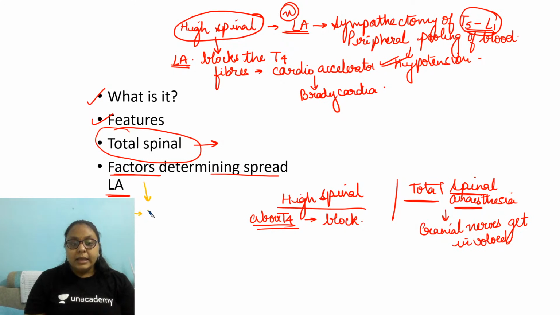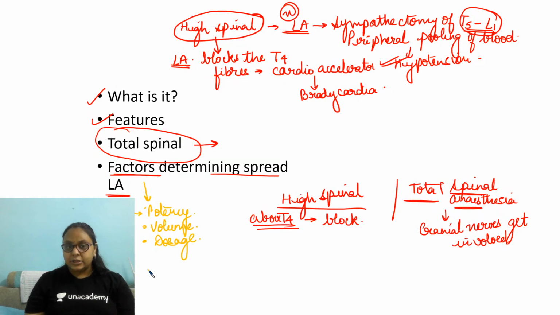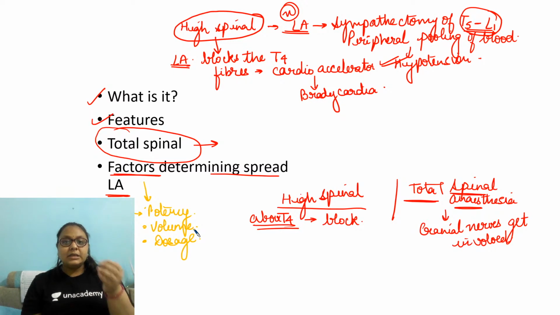It depends on the potency of the local anesthetic which is used, the volume of the local anesthetic that is used, and the dosage of the local anesthetic that is used. So these are the factors which are related to the drug. How much potency, how much volume, how much dosage we are giving.